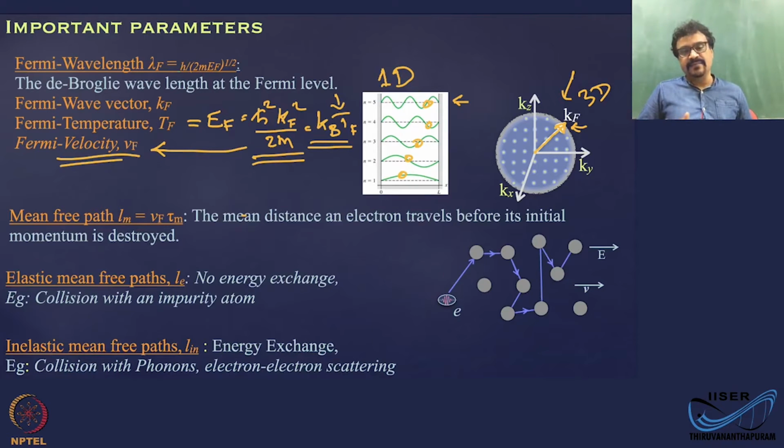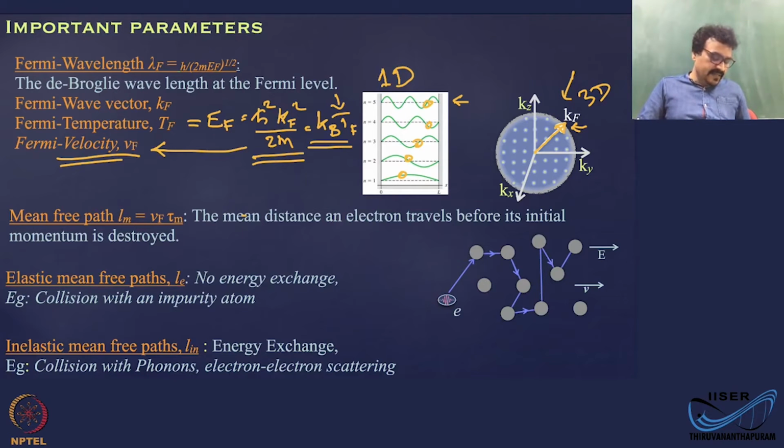One example for the elastic mean free path is the collision between an electron and an impurity atom. You can think of a hard sphere collision where the impurity atom is so massive that the electron simply bounces back like a billiard ball. So most of its energy is conserved, and there is very little energy exchange between the atom and the electron.